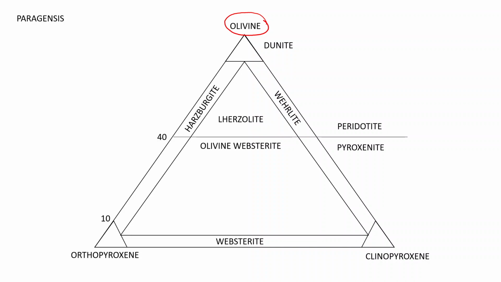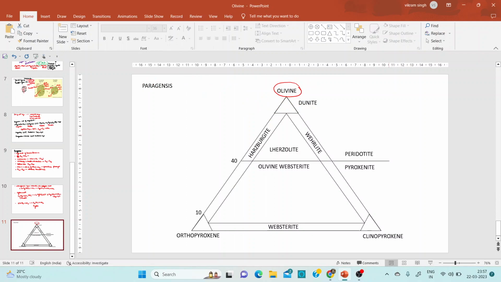So this is all about the paragenesis of olivines, and I am sure if you go through this video and make your notes properly, you will easily be able to understand the olivine part.